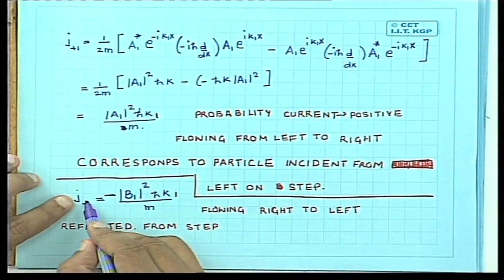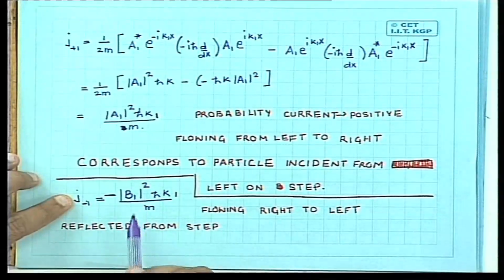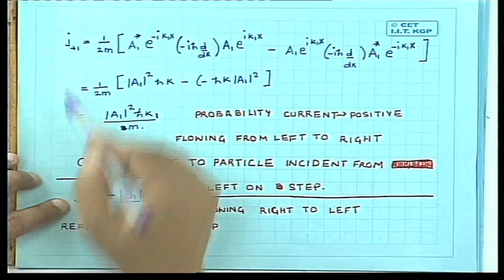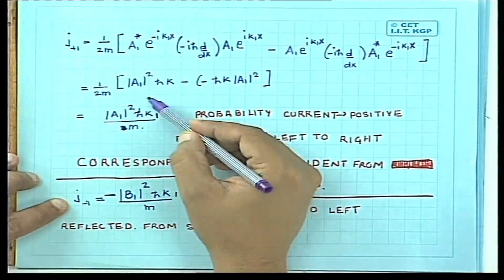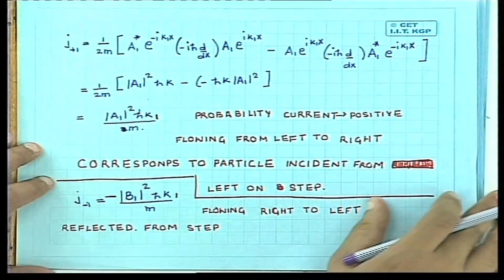The ratio of the mod of this to the mod of this is just b1 mod squared to a1 mod squared, because the wave numbers are the same on both sides.